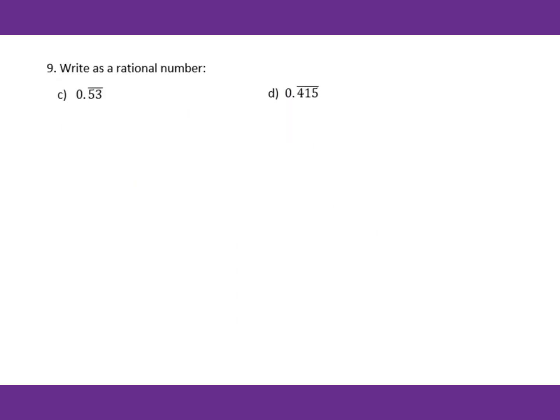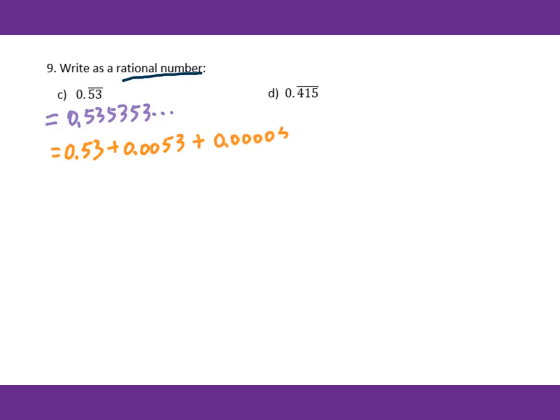For number 9, write as a rational number. For C, 0.53 with a bar above 53, which means 0.53, 53, 53, keep going. Therefore, we can write down 0.53 plus 0.0053 plus 0.00053.